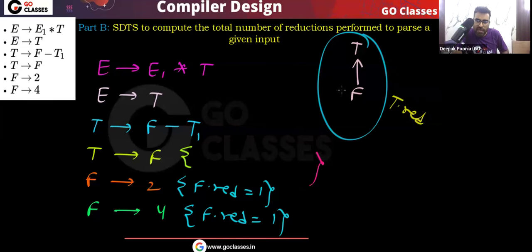So very simple, remember, f is not a terminal, yes or no? This is non-terminal, so of course we will not stop here. Do you agree with me? This f is non-terminal, so definitely we will not stop here. When some input will reduce to t, then what is the total number of reductions performed?